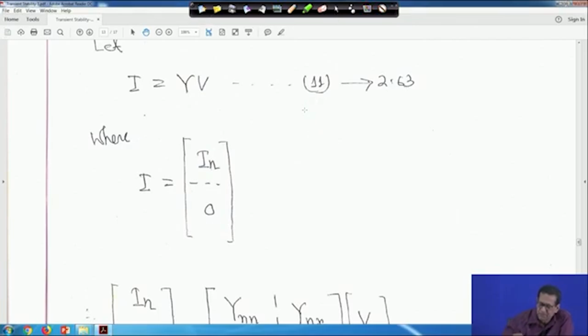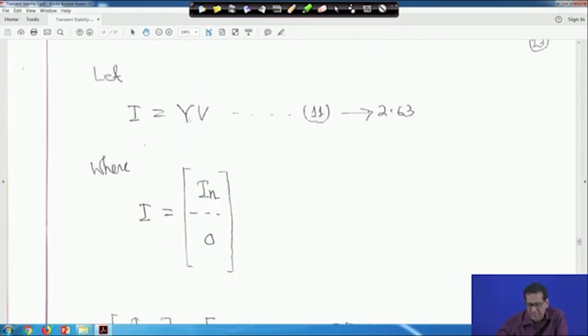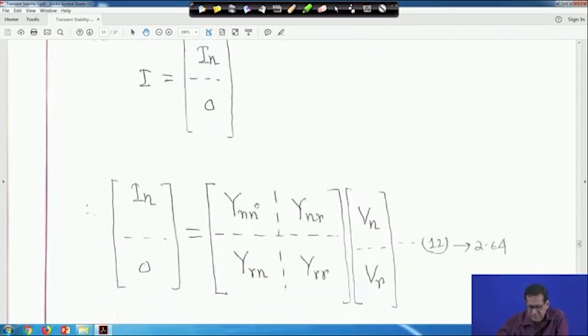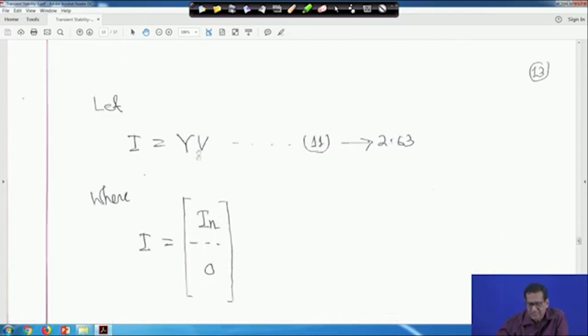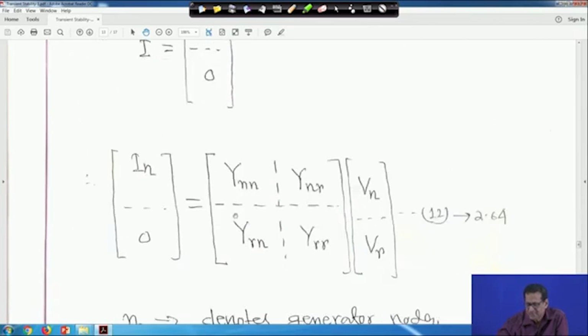Therefore, this Y matrix. We know I is equal to Y V and I is equal to I n, 0, so the left hand side can be replaced by I n and 0, and the Y matrix can be partitioned like this: Y n n, Y n r, Y r n, Y r r.